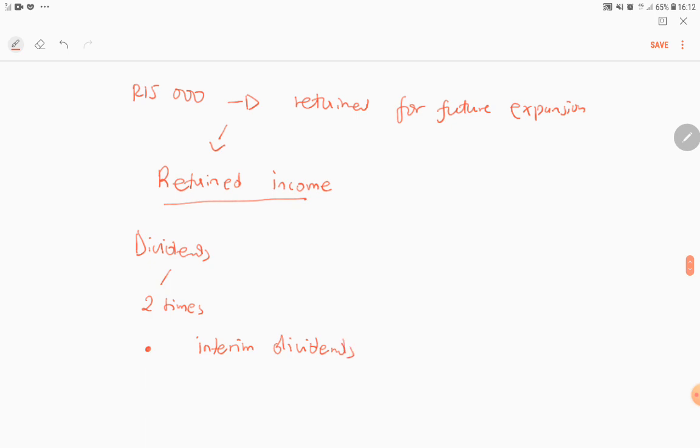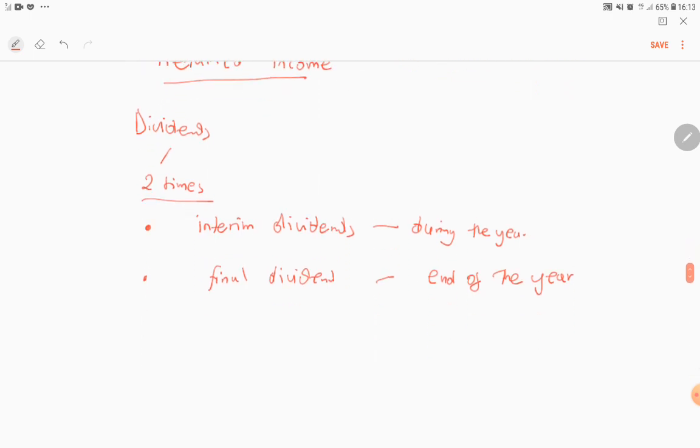These ones are paid during the year. And then there's what we call final dividend. It's paid at the end of the year. So they are usually paid 2 times a year.